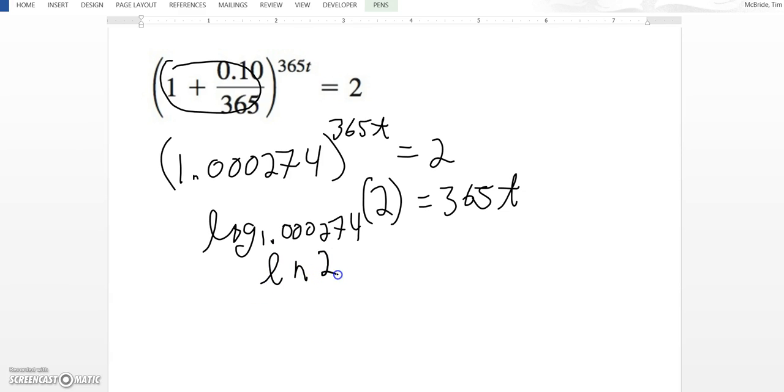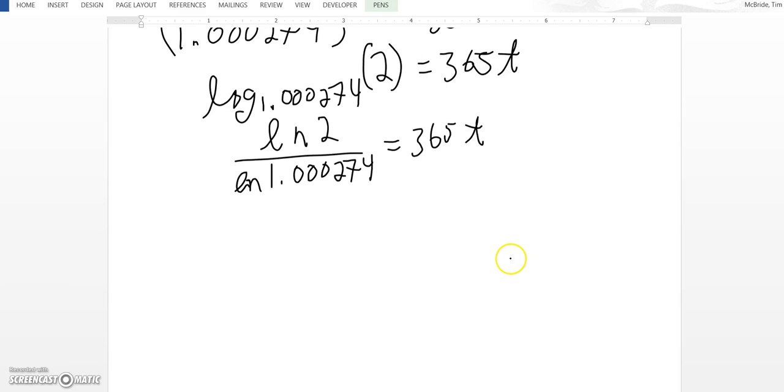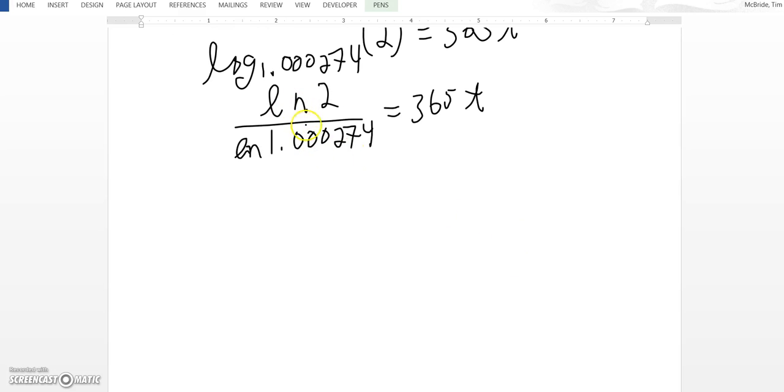So the natural log of 2 over the natural log of 1.000274, and we can plug this into the calculator, and that should give us 2530.33.